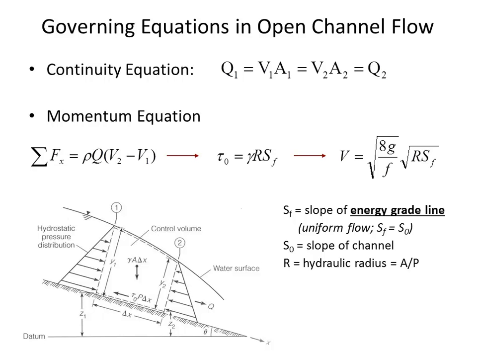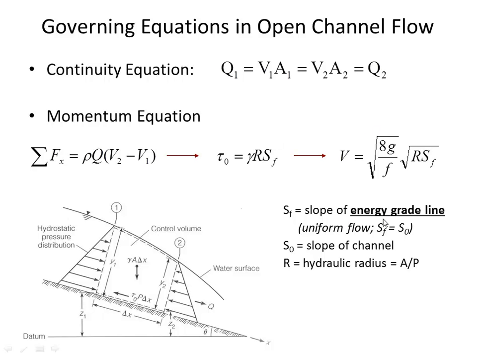Because there is a change in velocity, yet the flow rate is the same, the mass flow rate is constant, but the velocity is changing, there's going to be a difference in forces. We can relate that difference in forces and the resistance on the bottom of the channel, the resistance to flow, and from that find a relationship between the velocity and the slope of the energy grade line.